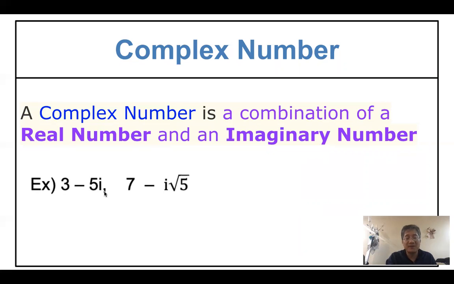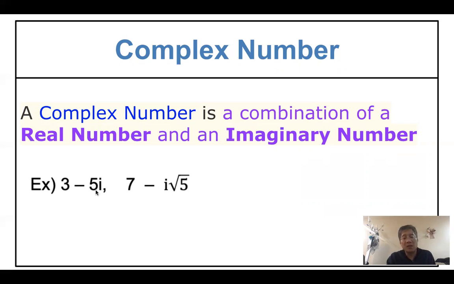So -5i is an imaginary number. Or this, square root of 5 is irrational, which is a real number, but multiplied by i, this is an imaginary number then. If an imaginary number is multiplied by a real number, it becomes imaginary, we say.